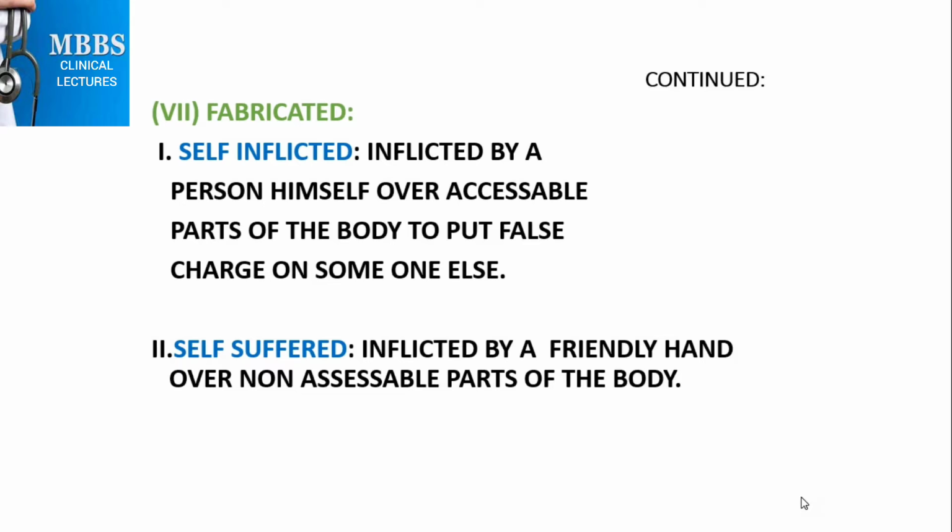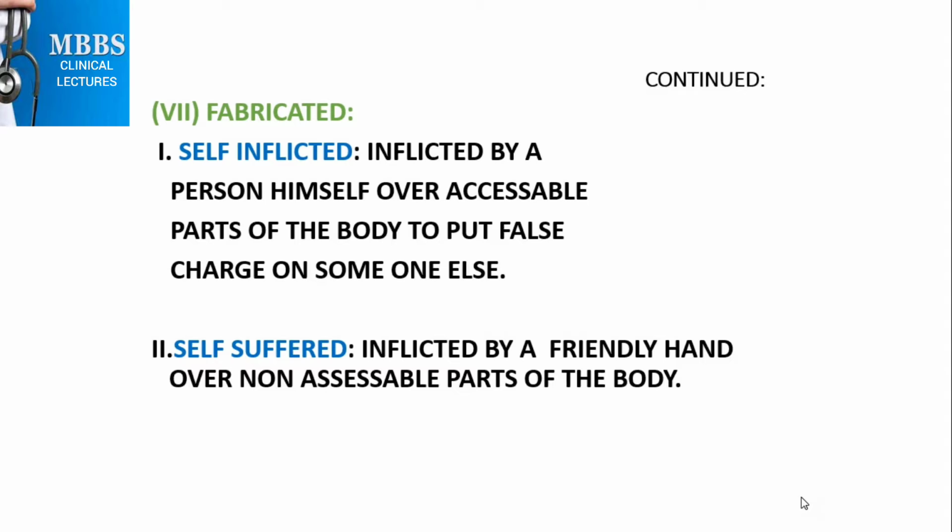Number seven, the injuries can also be classified as fabricated injuries, meaning false injuries, which were simply caused to falsely implicate someone to get the punishment. And these fake or fabricated injuries can be divided again into two: the self-inflicted and the self-suffered.